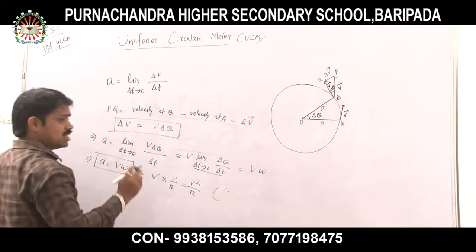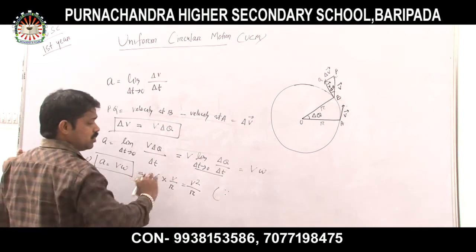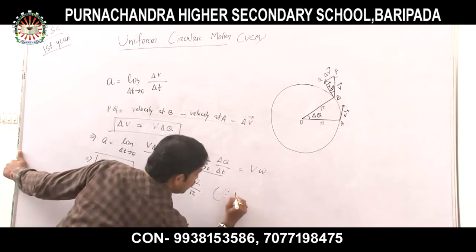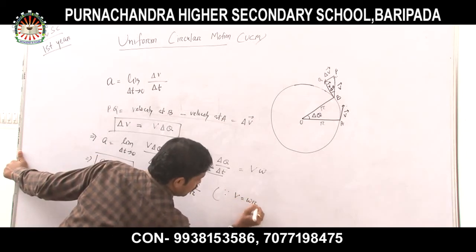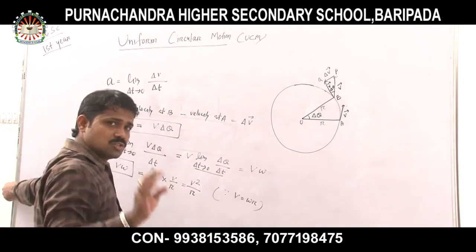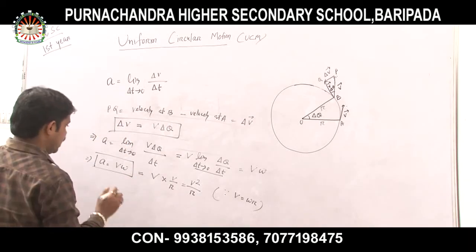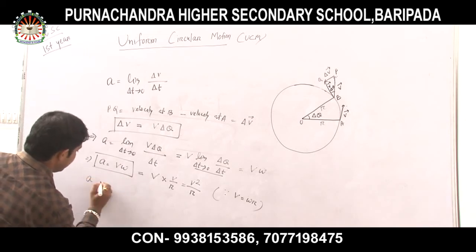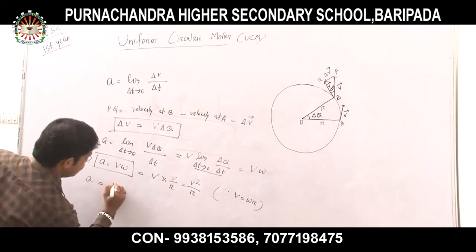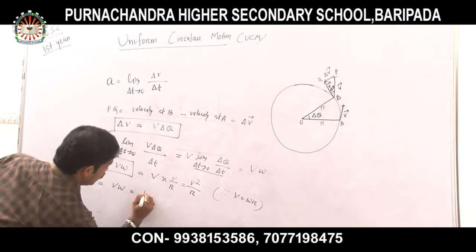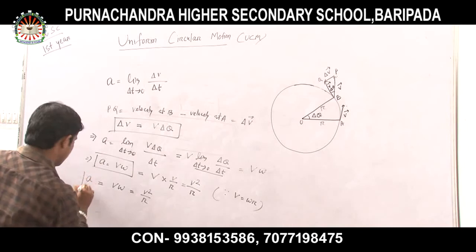Because as we know from the previous class, the relation between linear velocity and angular velocity is V is equal to omega r. Understood all of you? Okay, it's a very important relationship. Again I'll repeat. The linear acceleration a is equal to V omega, that is equal to V square by r.